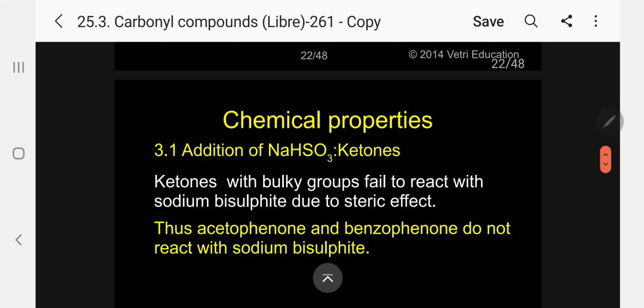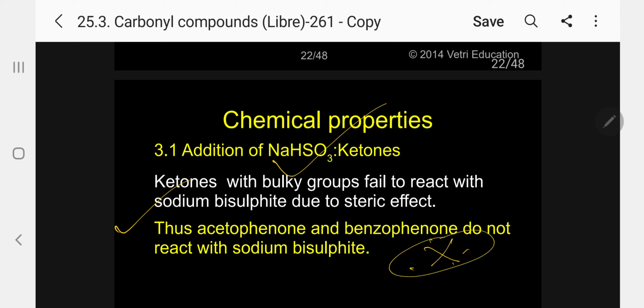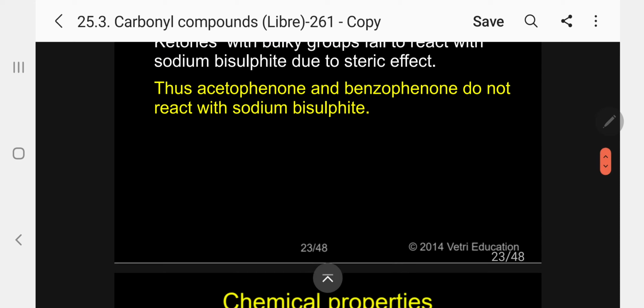But unfortunately, because of the bulky nature of sodium bisulfite, ketones with bulky groups fail to react with sodium bisulfite due to steric effect. So they will not undergo addition reaction. Please note, in sodium bisulfite addition, acetophenone and benzophenone do not react with sodium bisulfite.